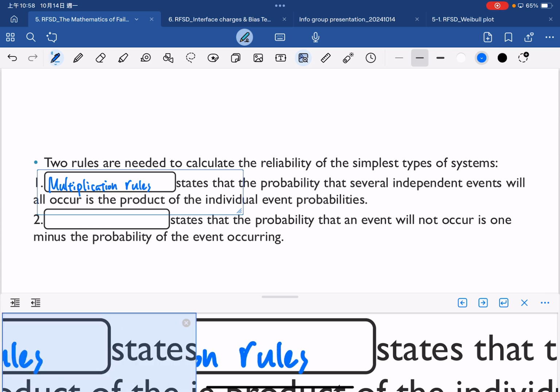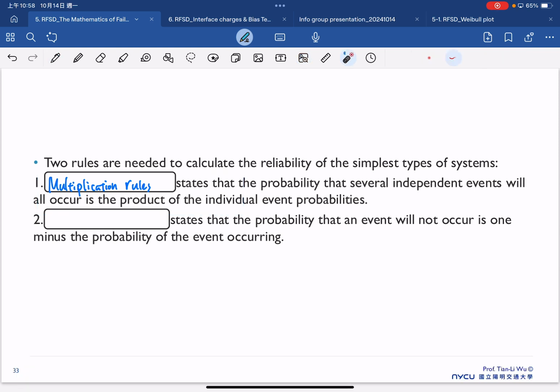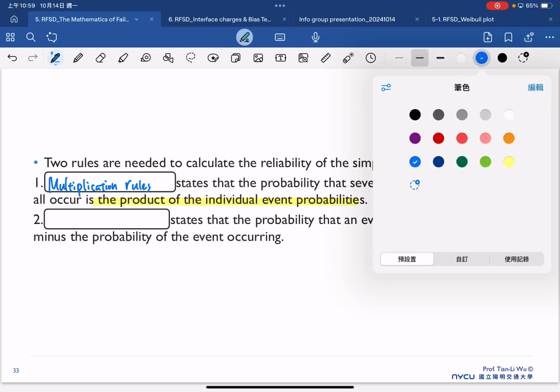The multiplication rule states that the probability that several independent events will all occur is the product of the individual event probabilities. That's what we call the multiplication rule. And the second one is the complement rule.